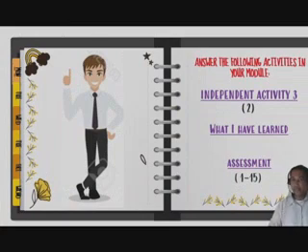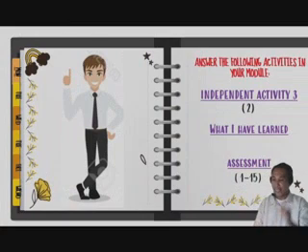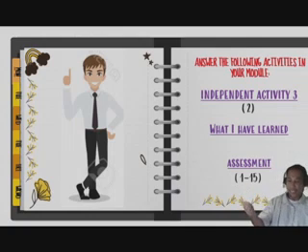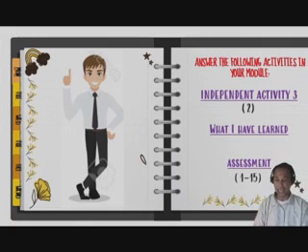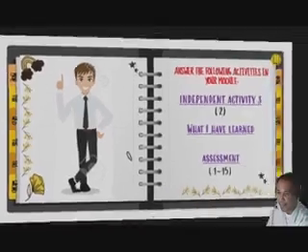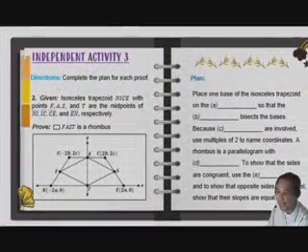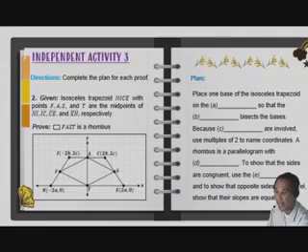Okay, class, for your assessment, ayan, answer the following activities in your module, independent activity 3, okay, number 2, at yung what I have learned, and also the assessment 1 to 15. So this is the independent activity 3.